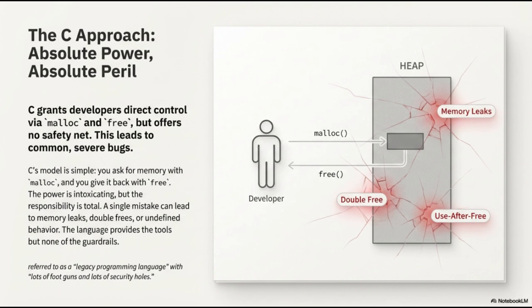As shown in the diagram, mismanagement of the heap leads to common vulnerabilities, such as memory leaks, double frees, and use after free errors. Because C provides the tools without the guardrails, it is often described as a legacy programming language prone to footguns and security holes. In this environment, the burden of ensuring memory safety falls entirely on the programmer's discipline rather than the language's design.